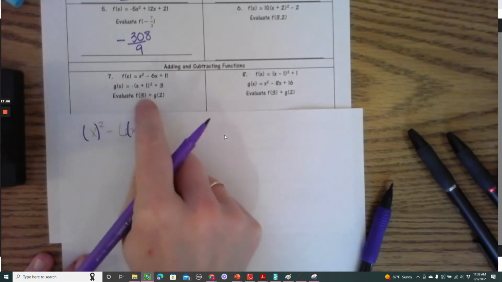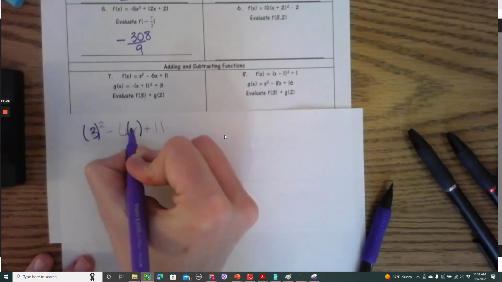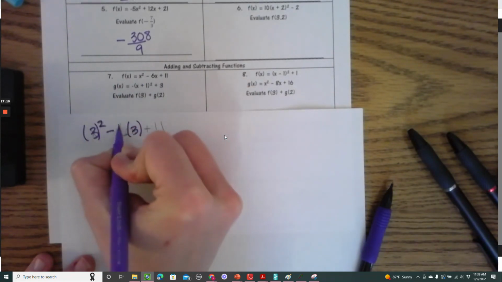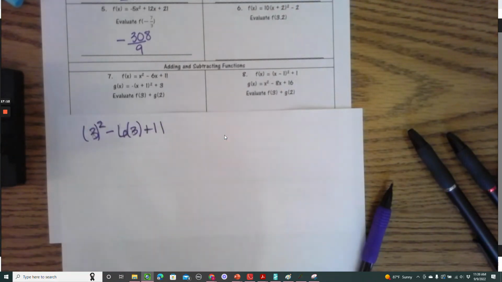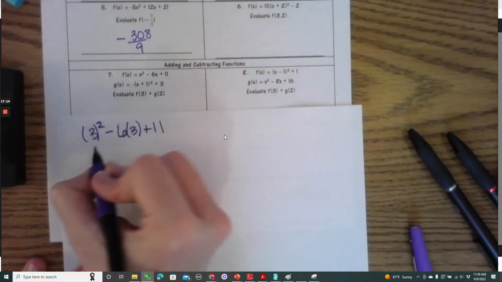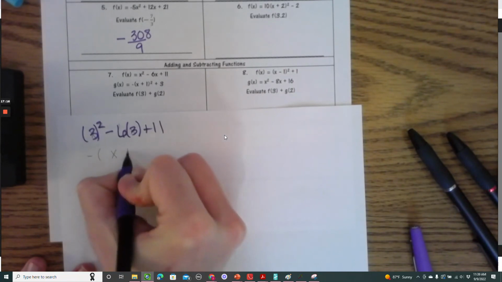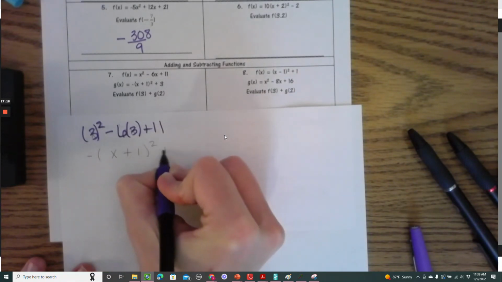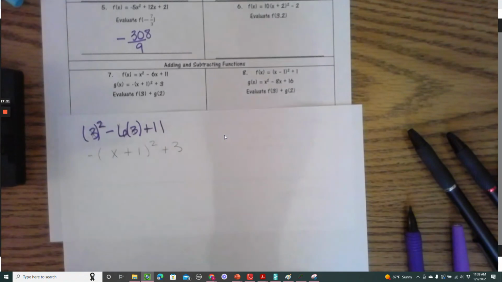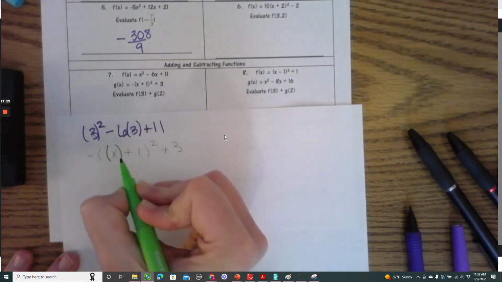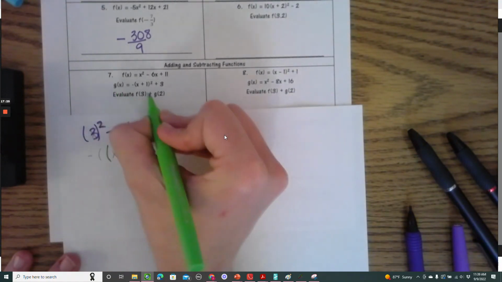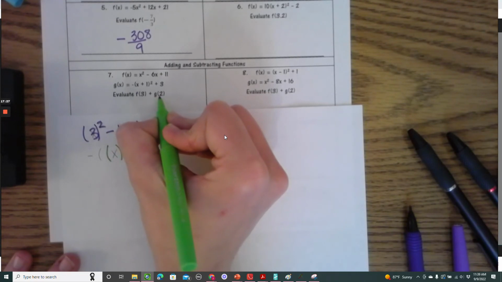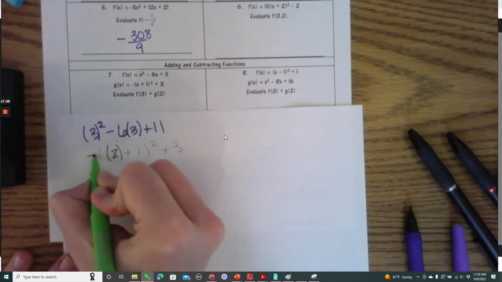And then here, f of x is 3. And then to do g of x is negative x plus 1 squared plus 3. So that x gets its own special set, but that was g of x. So we switch the x's out for a 2.